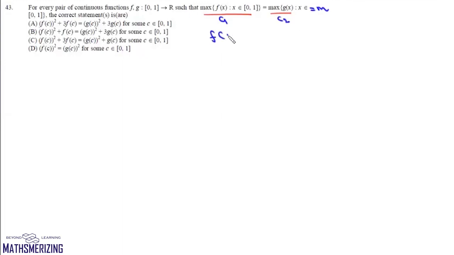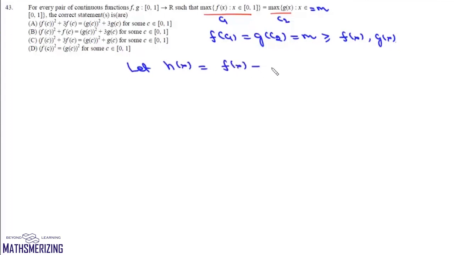That means f(c1) equals g(c2), and it is equal to m, and this m is greater than or equal to all f(x)'s and g(x)'s. Now what we'll do is we'll define a function h(x), which is f(x) minus g(x).